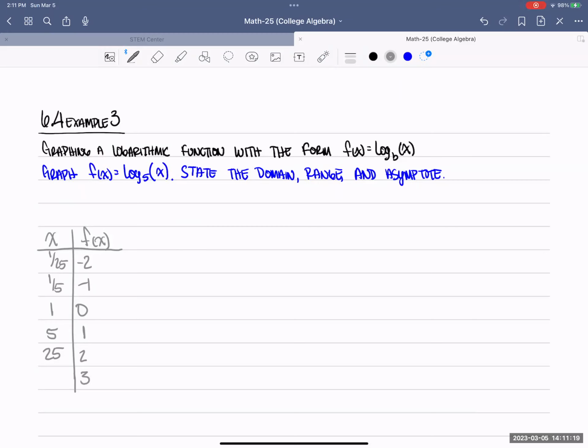So 5 to the power 3 is going to be 125, which is 5 times 25. And from here, we could go ahead and graph.